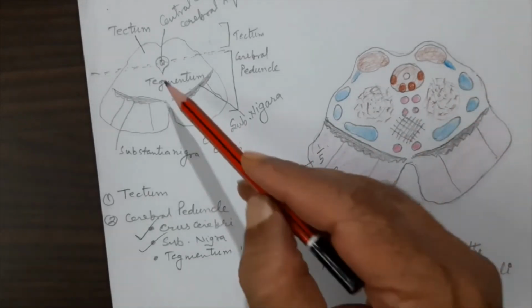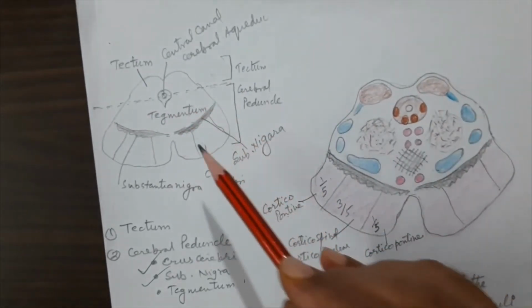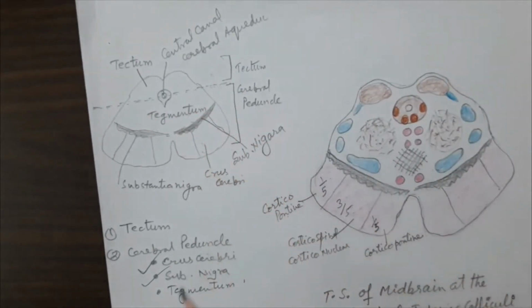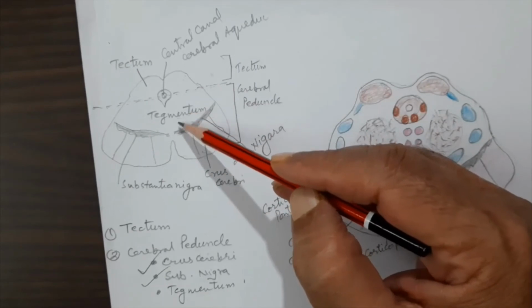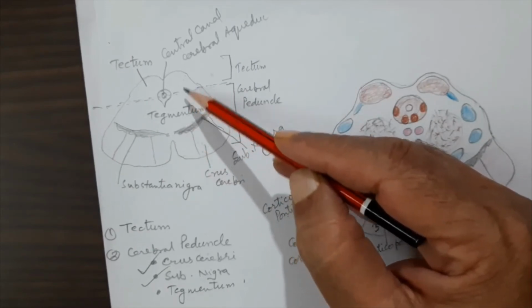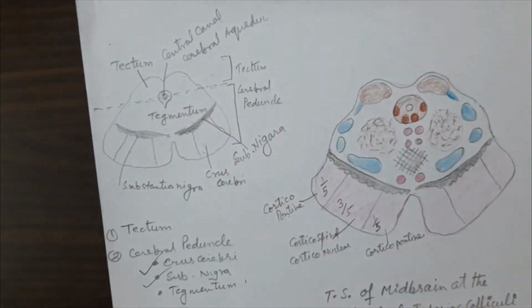Let us come to the brief description of the tegmental part, the third part of the cerebral peduncle. It lies between the substantia nigra and the tectum. The tectum is here, and this is the substantia nigra. In between the tectum and substantia nigra is the mass called the tegmentum.